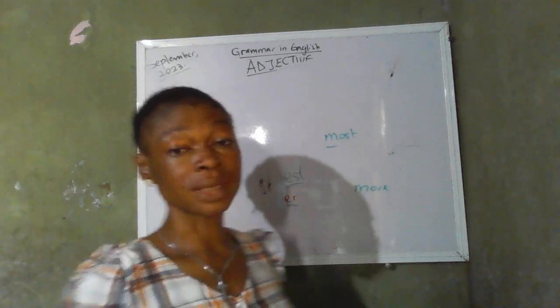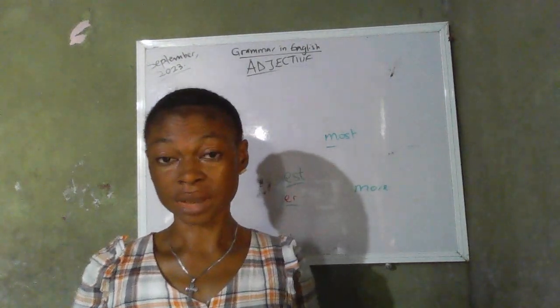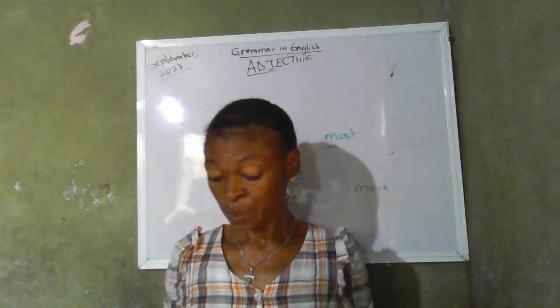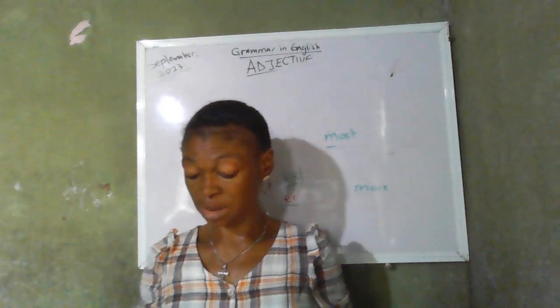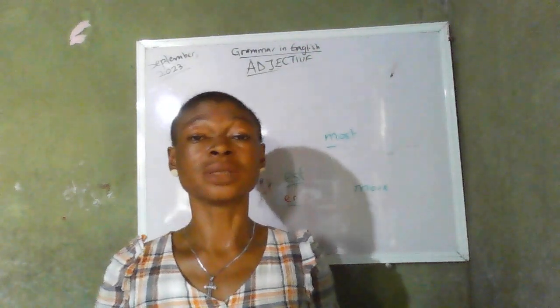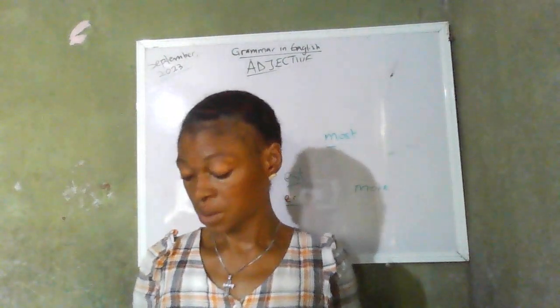Now, in today's lesson, we are going to be looking at types of adjectives. One type of adjective is the type that describes nouns.